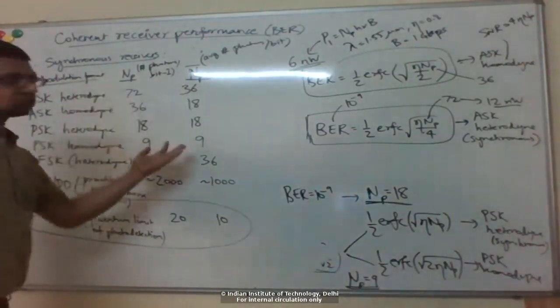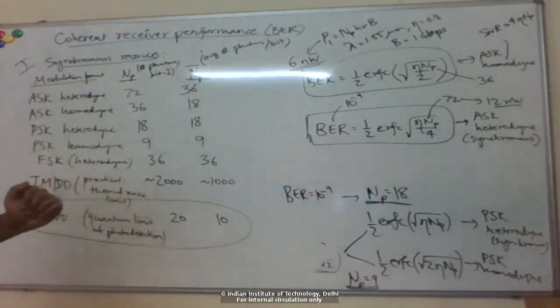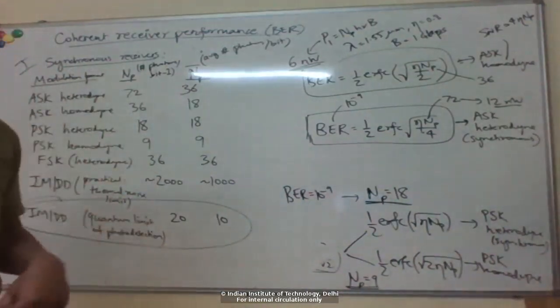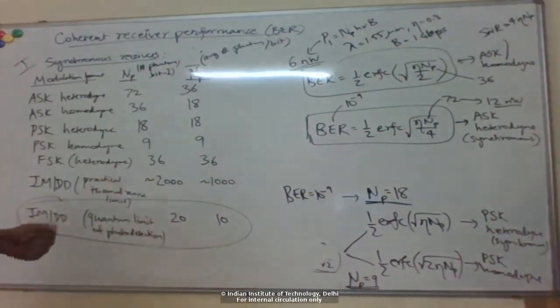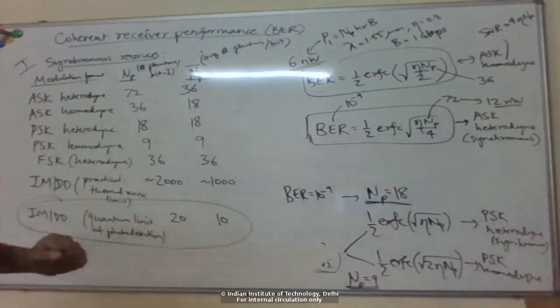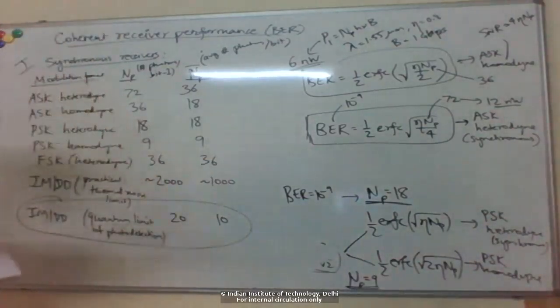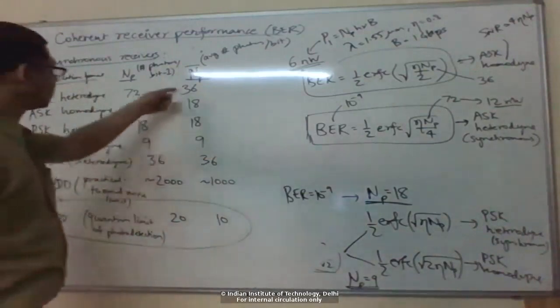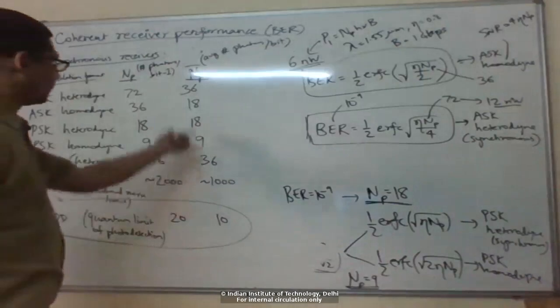Of course, that comes at the cost of receiver complexity. We saw that for coherent detection, the receiver is much more complicated. Not only do you need an extra optical source, a local oscillator at the receiver, you also need some more complicated receiver electronics. But if you can implement all that, then you can get a very big sensitivity enhancement.